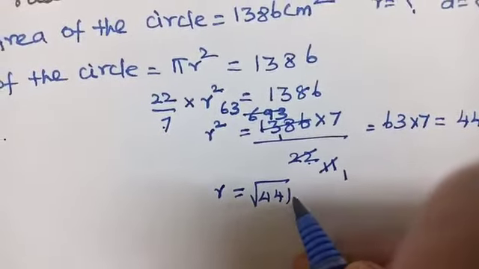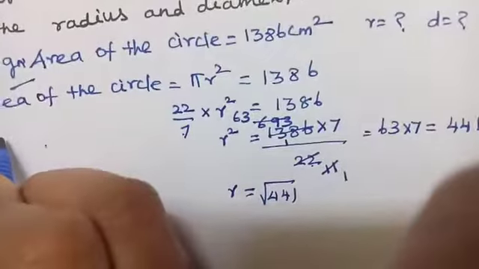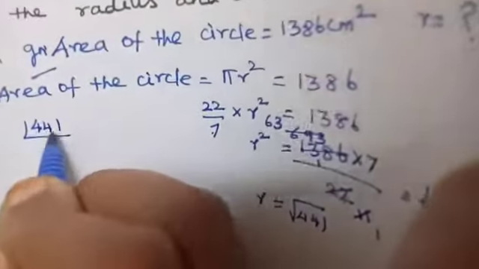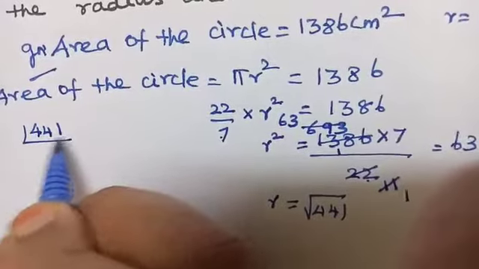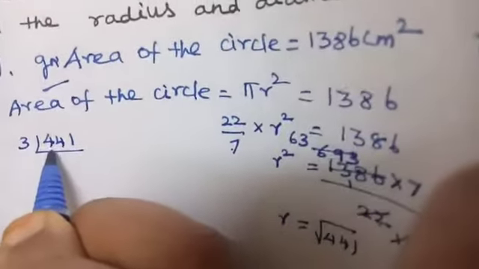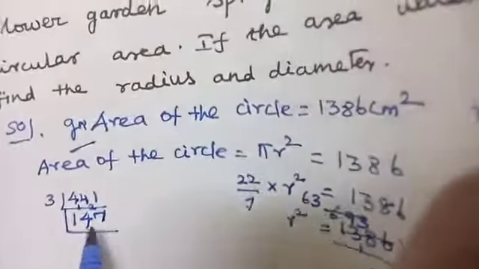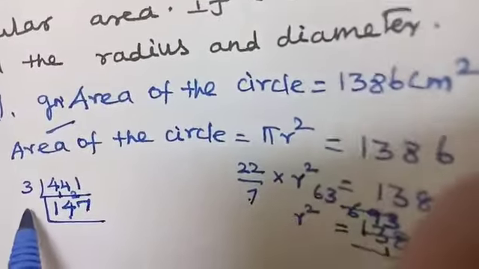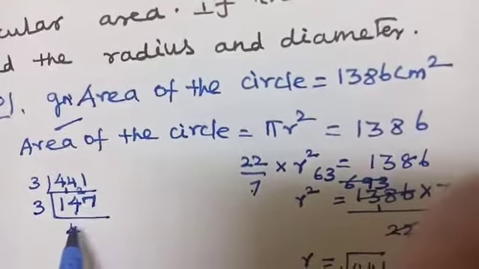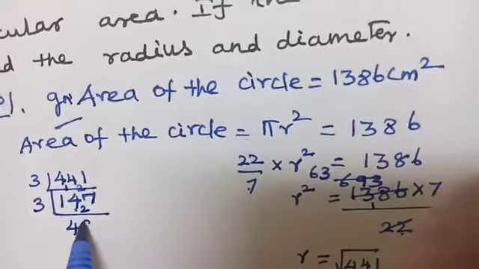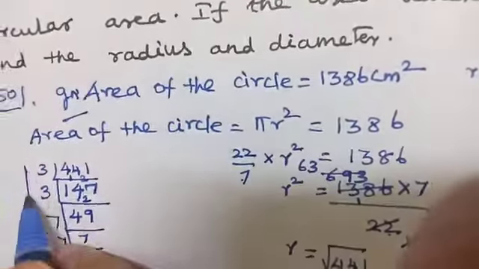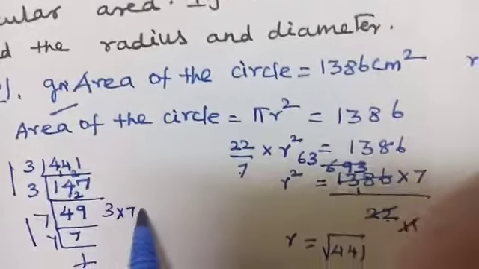We find the square root by taking the prime factorization. 441: 4 plus 4 is 8, 8 plus 1 is 9, so it comes in the 3 table. 1 3s are 3, remainder 1, 14, 4 3s are 12, remainder 2, 7 3s are 21. Again 147, 3 4s are 12, 3 9s are 27, so 49 comes in the 7 table. 7 7s are 49, so 3 into 7 is 21.